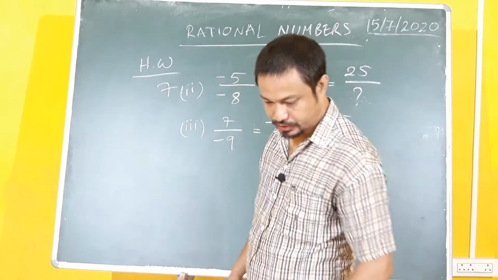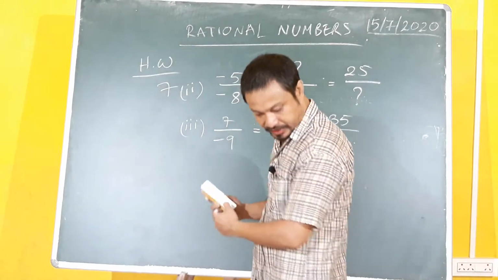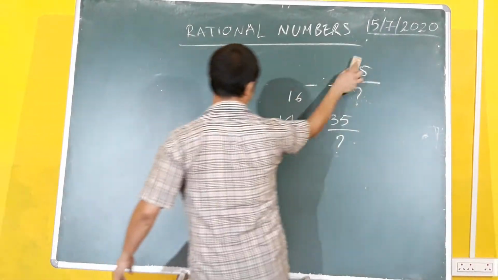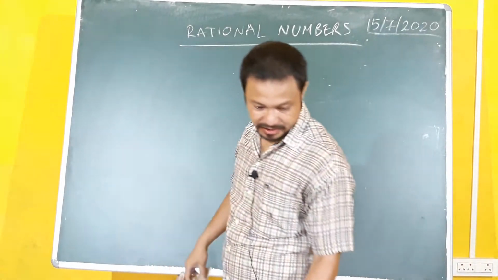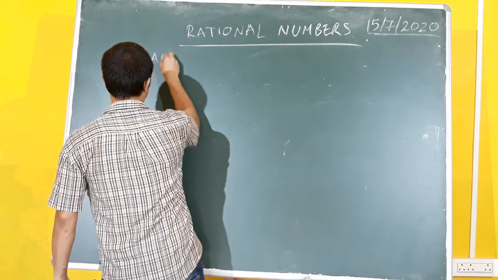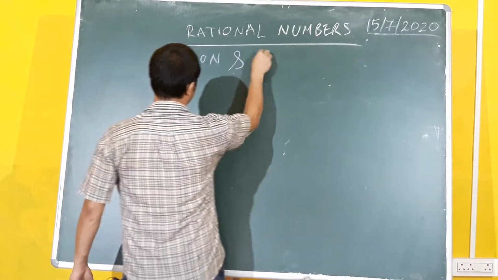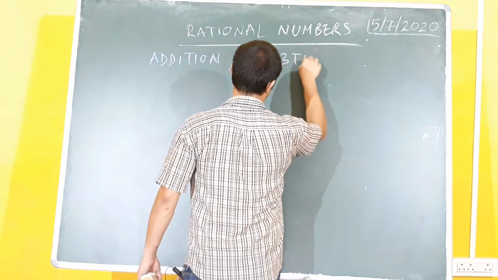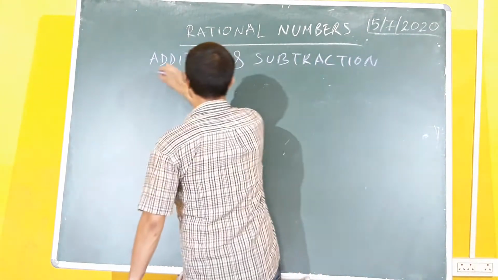Okay. So, exercise 3B, page number 64. This is addition and subtraction of rational numbers.